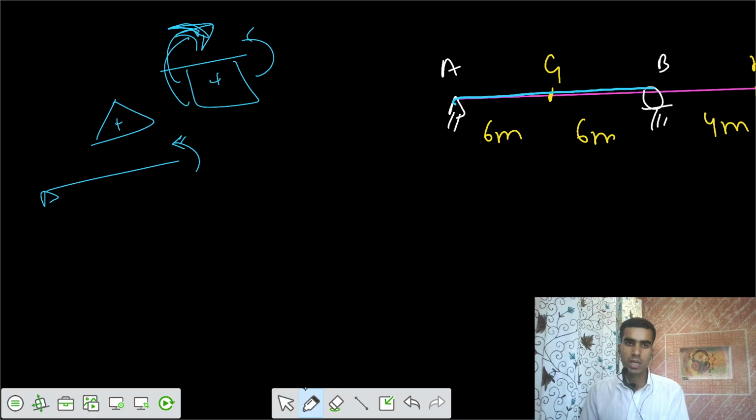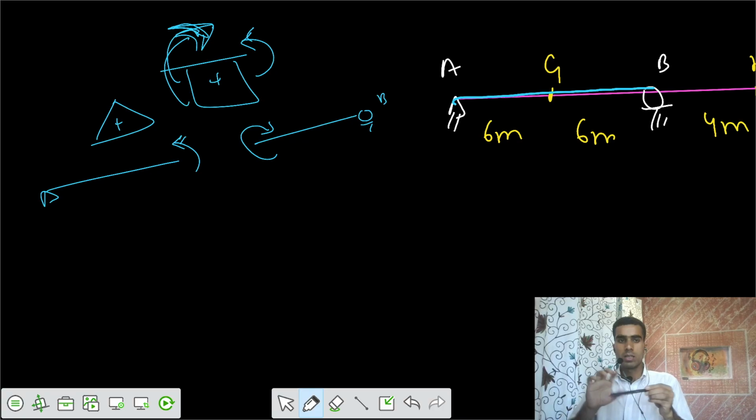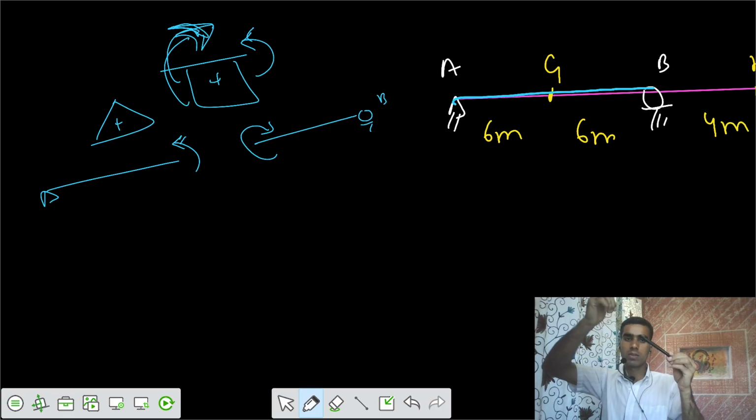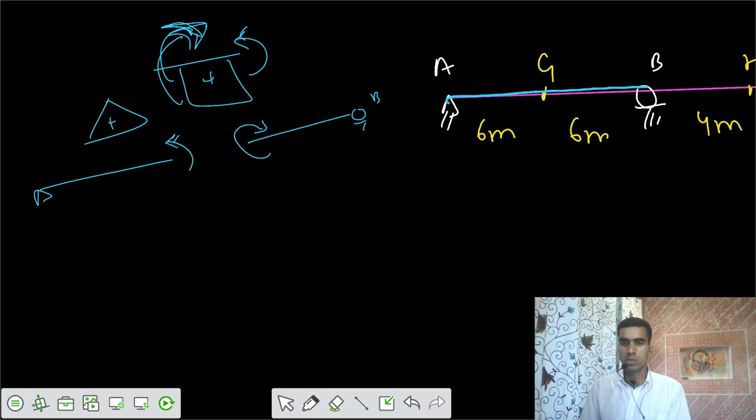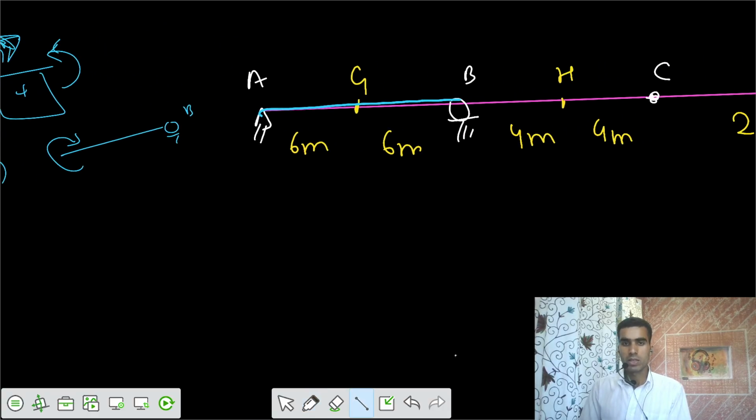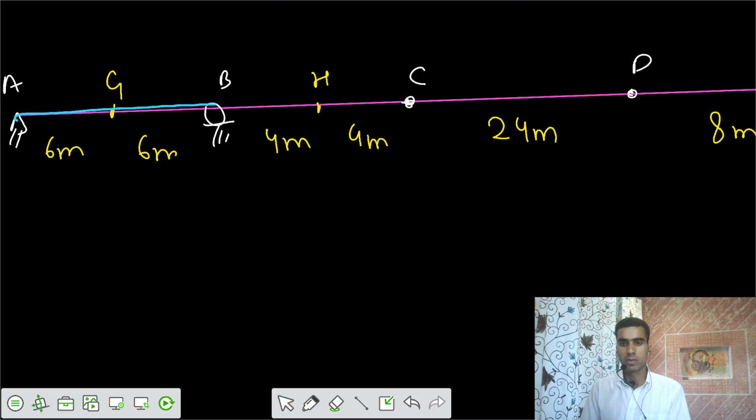This should be the variation, and here it should be clockwise. So finally you are rotating this part clockwise and anti-clockwise such that it goes in this way, and the other one you are rotating clockwise such that it goes in this way. So we know that for a simply supported beam we have that variation.